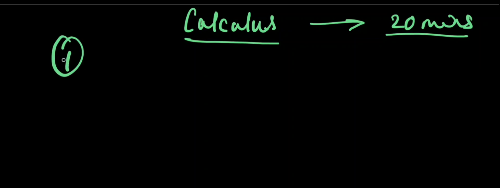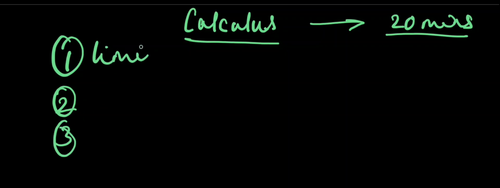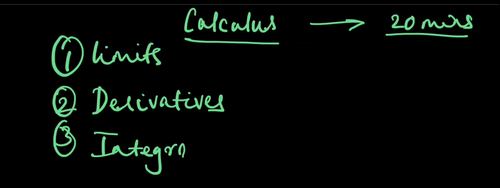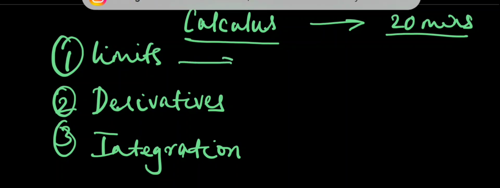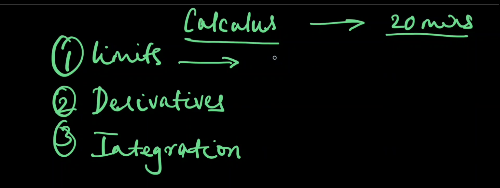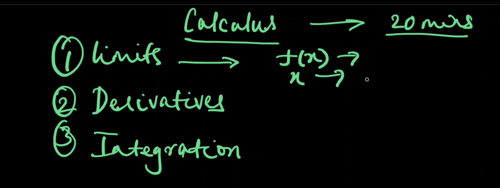Okay. So, to start, there are three parts to calculus: there's limits, there's derivatives, and there's integration. I'll just quickly tell you what each does. A limit tells us what a certain value approaches as a reference value approaches a constant.